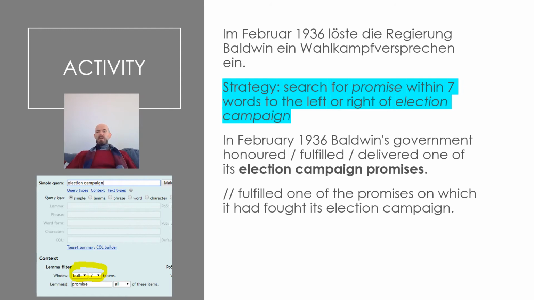By the way, you always need to select a corpus that's most suitable for your current purpose. In this case, I've selected the international broadsheet newspaper corpus, where you find newspapers like the Guardian, the Times, and so on.